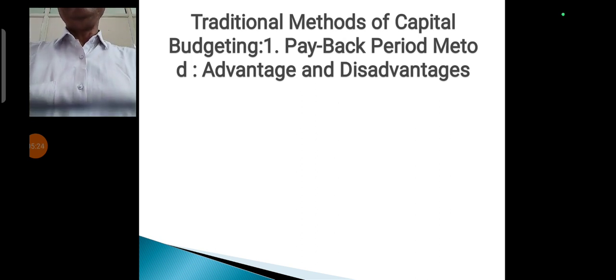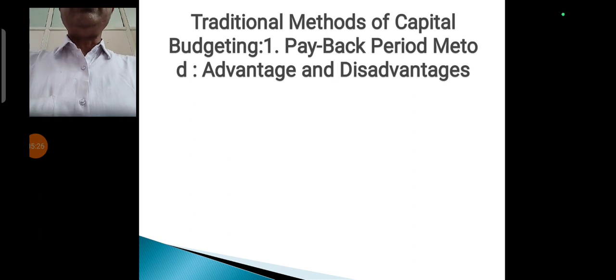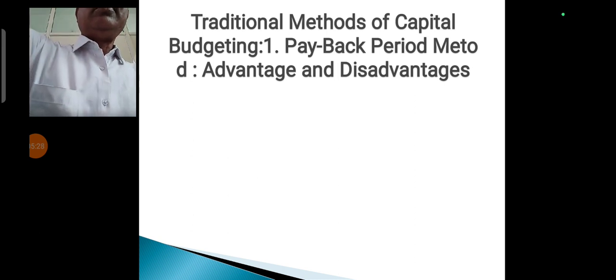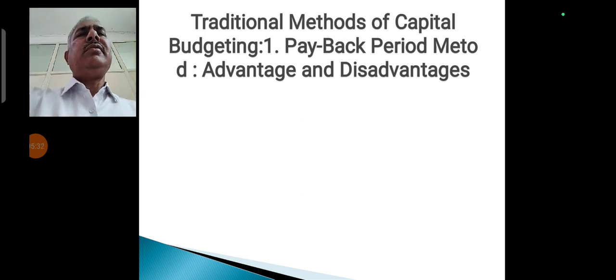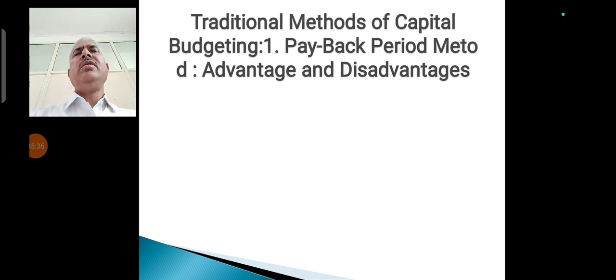Also, it does not take into consideration the cost of capital, which is a very important factor in making a sound investment decision. It may be difficult to determine the minimum acceptable payback period. It is usually a subjective decision.